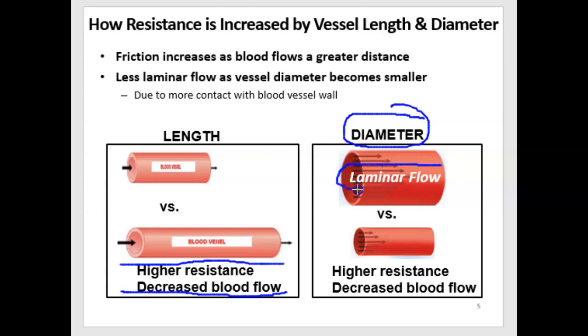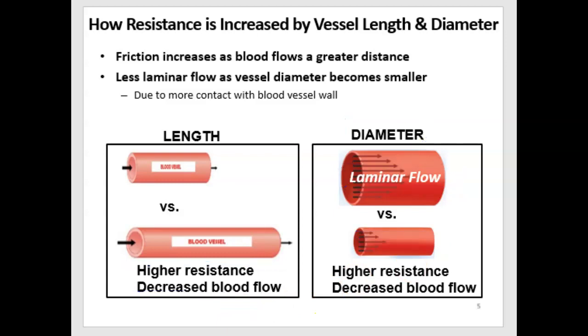So the blood in the center of the blood vessel is moving smoothly. In smaller vessels, a lower proportion of the blood is experiencing laminar flow because there's just less of it in the center, and more of the blood encounters the vessel wall proportionally.